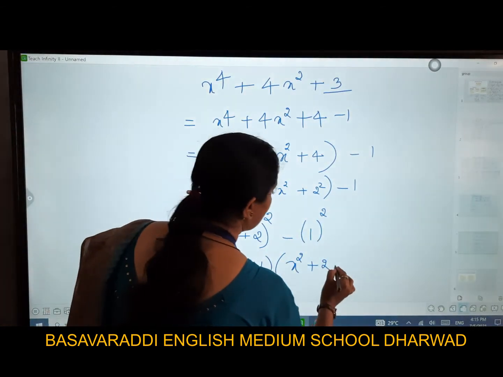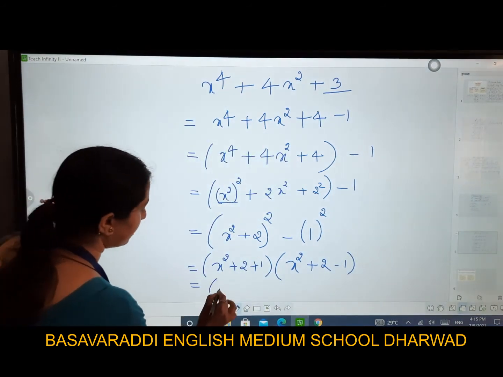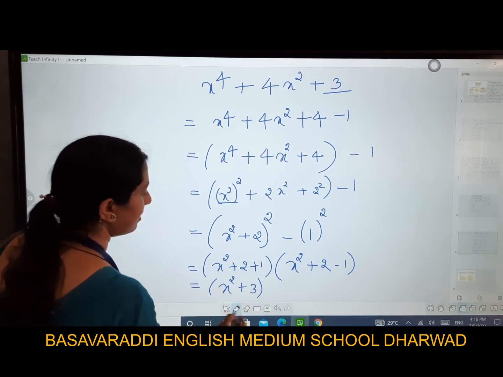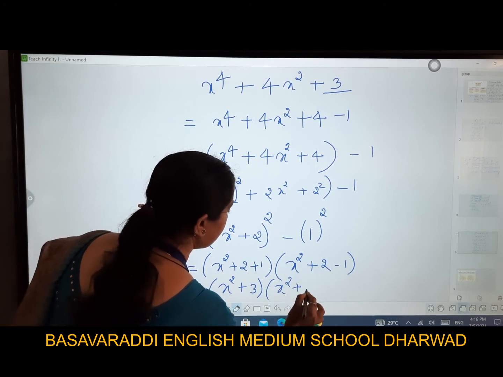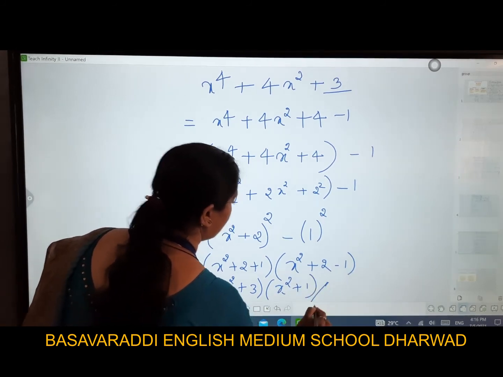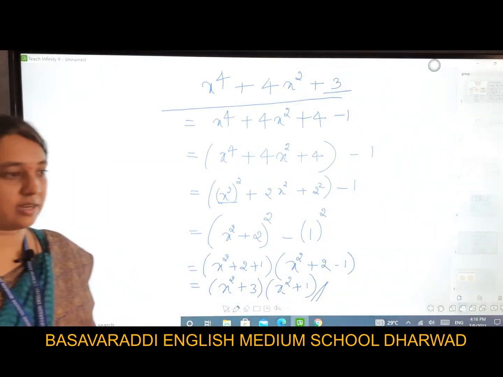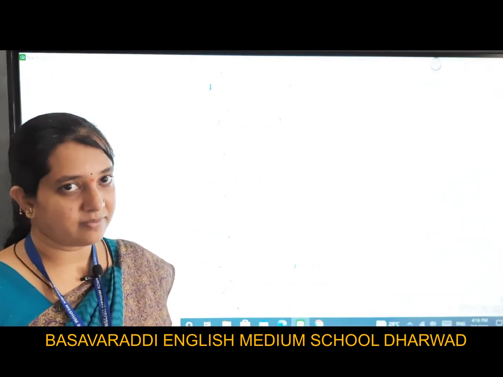So the final answer that we are going to get here is x square plus 3 or x square plus 1. So these are the factors of the given expression here. Yes, I hope you have understood it perfectly.